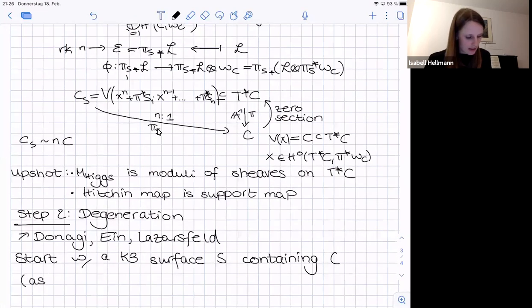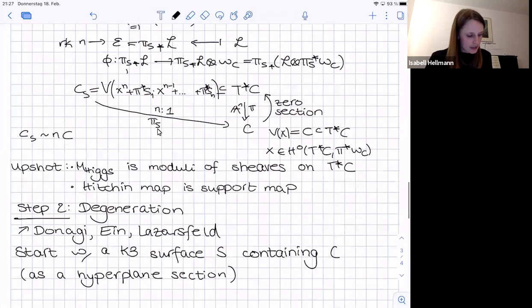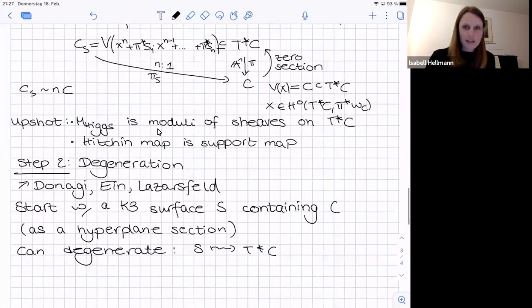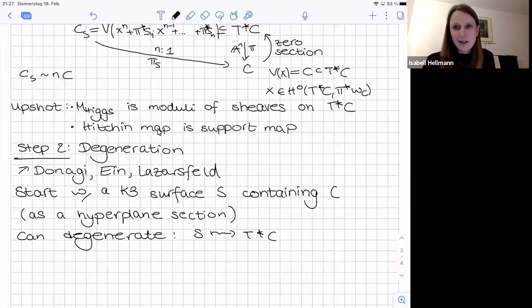So I take this C as a hyperplane section. Okay. And then what I can do is I can degenerate S to this cotangent bundle surface. So this is not a mystery, but can be written down quite explicitly. So probably you've seen this. It's called the degeneration to the normal cone.